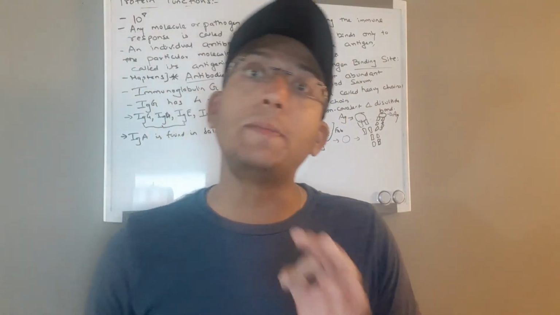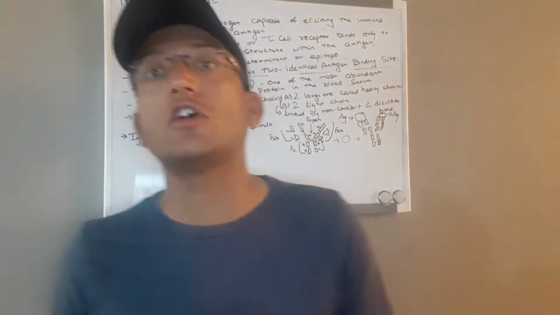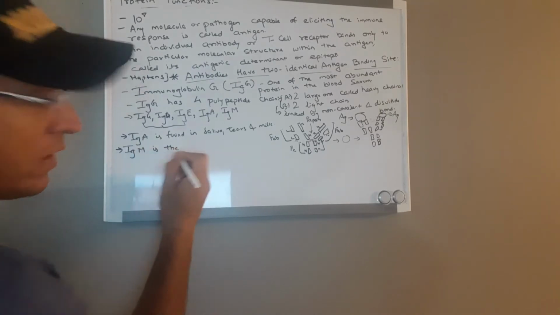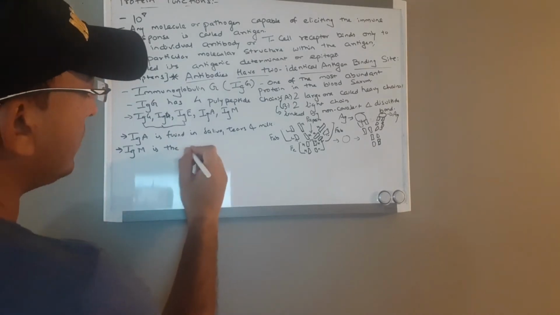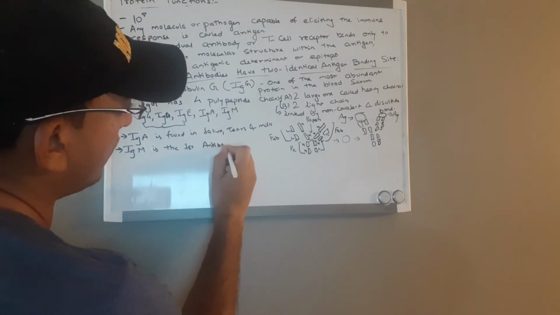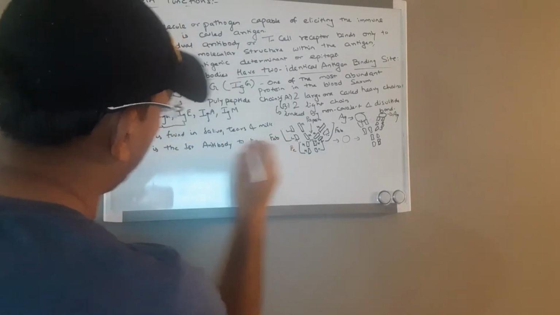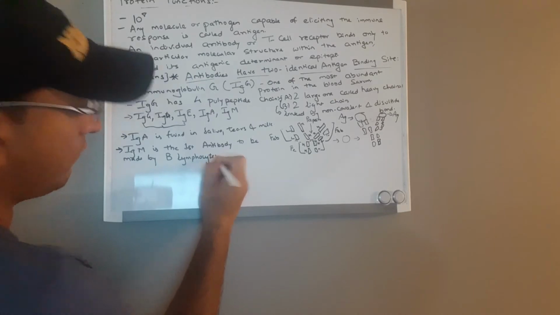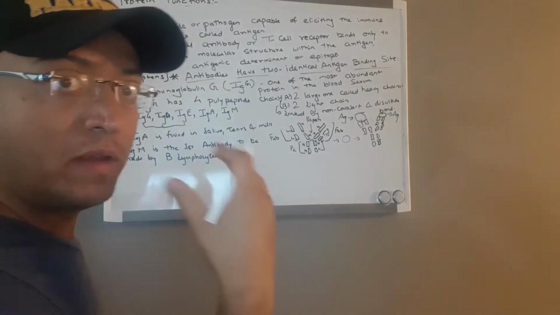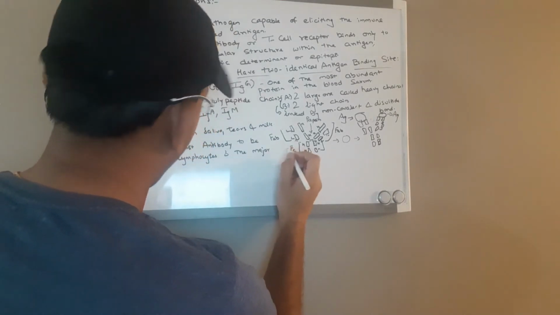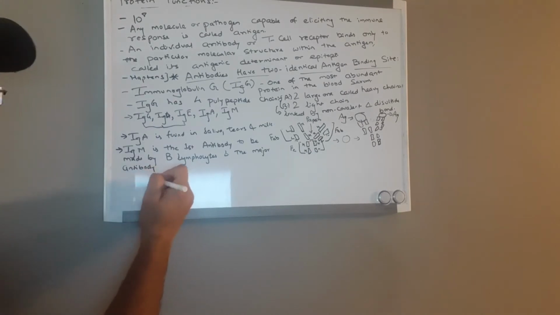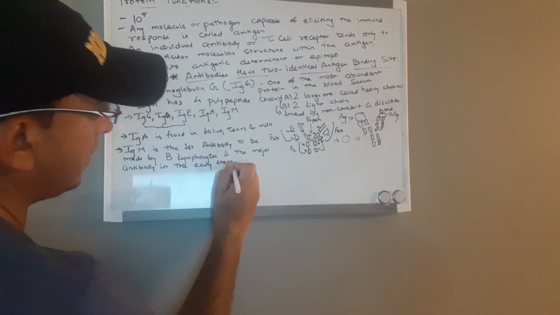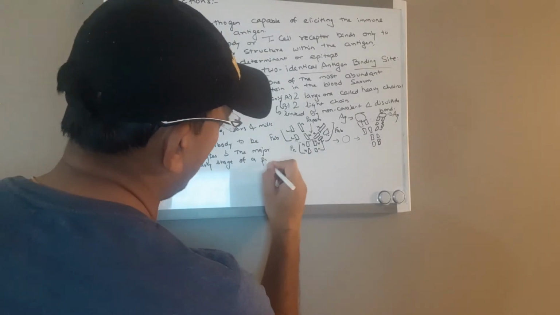IgM is the first antibody to be made by B lymphocytes, and also the major antibody in the early stage of the primary immune response. That's important.